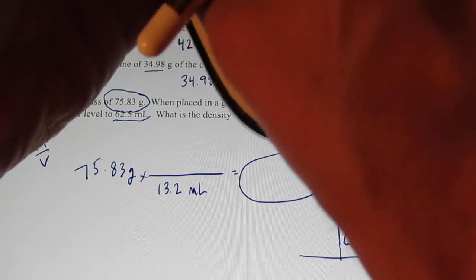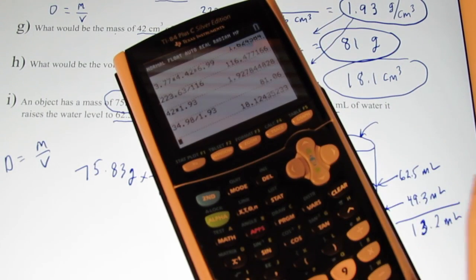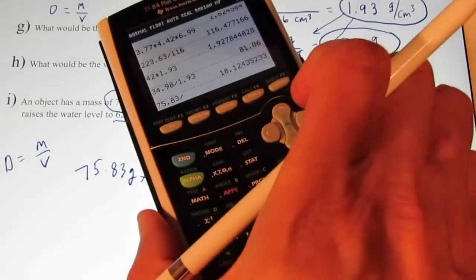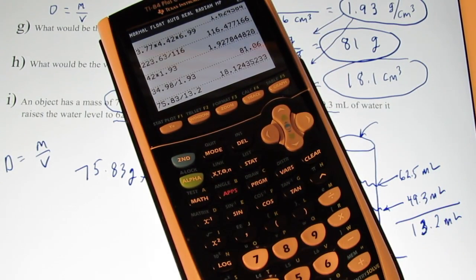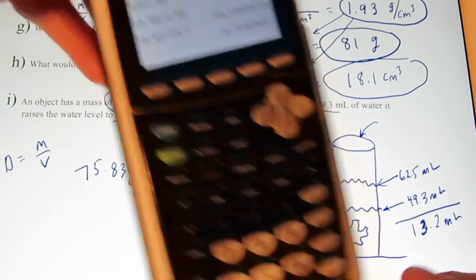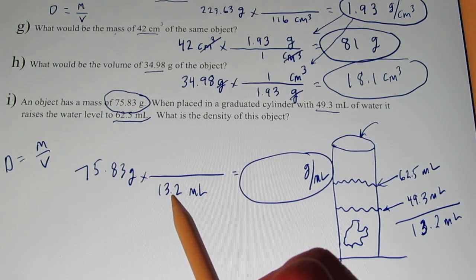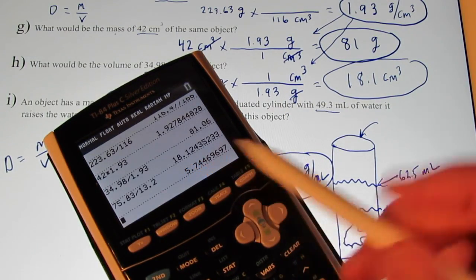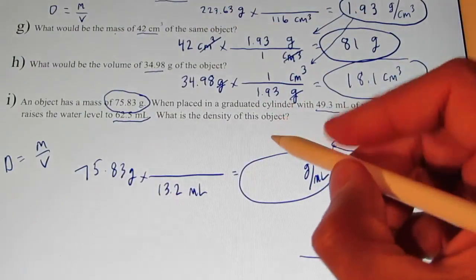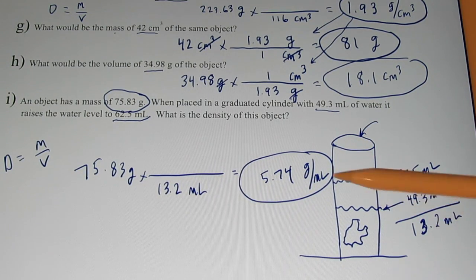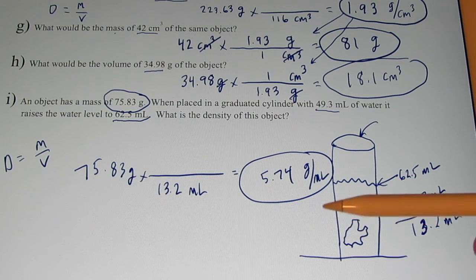So let's plug that in and see what we get. 75.83 divided by 13.2, and we end up with 5.7446. We have 3 significant figures here, 4 significant figures here. We can have 3 in my answer, so I'm going to count over 3. 1, 2, 3. 5.74 would be the density. Grams per mil.